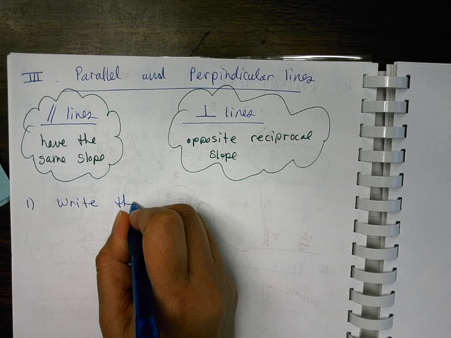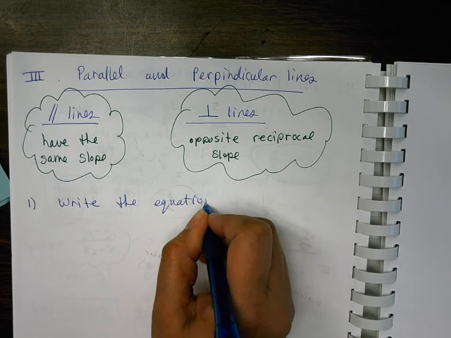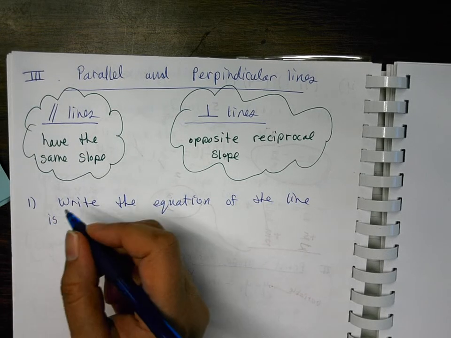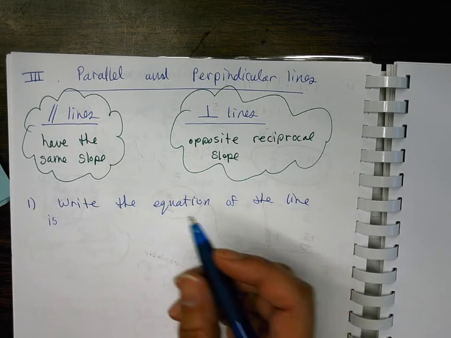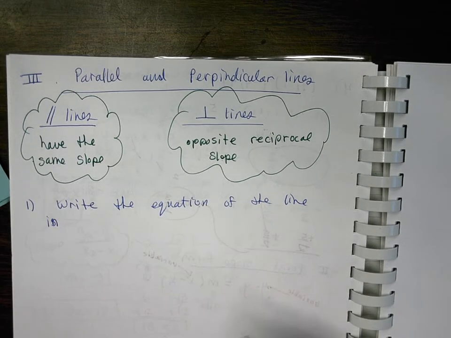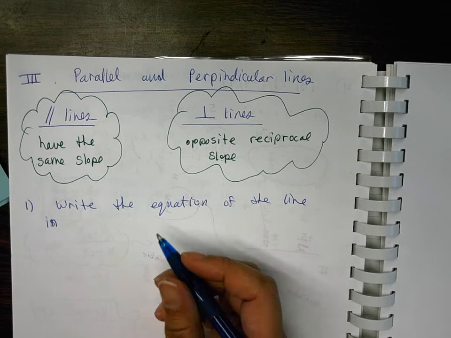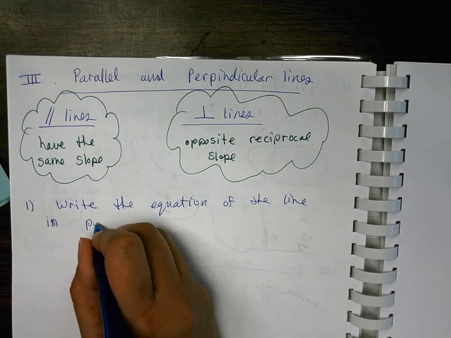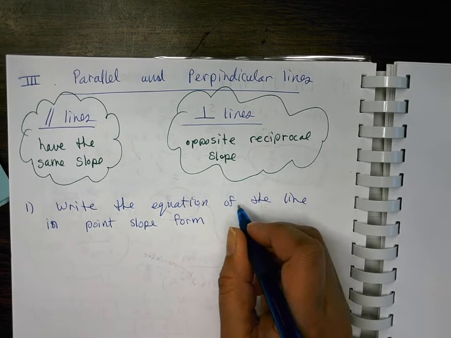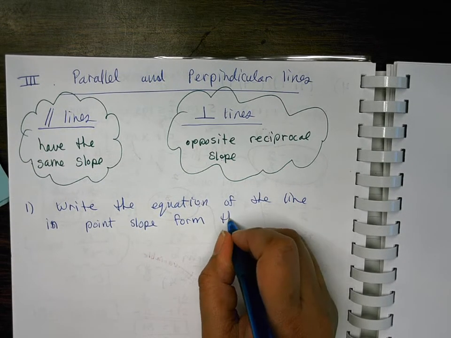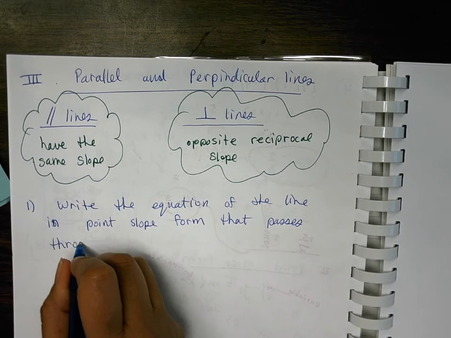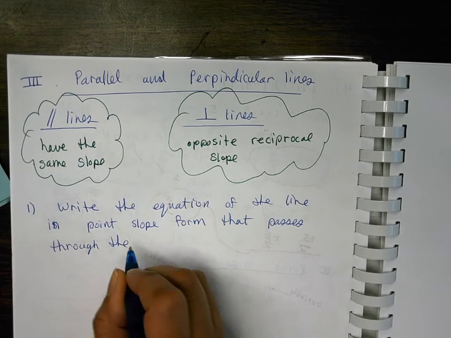Write the equation of the line in point slope form. And this is in, not is. Write the equation of the line in point slope form that passes through the given point.